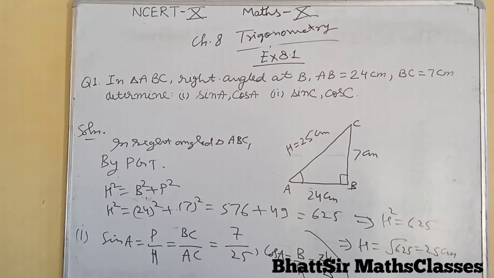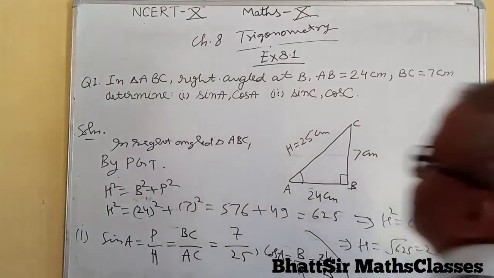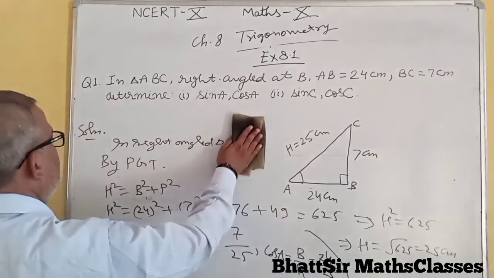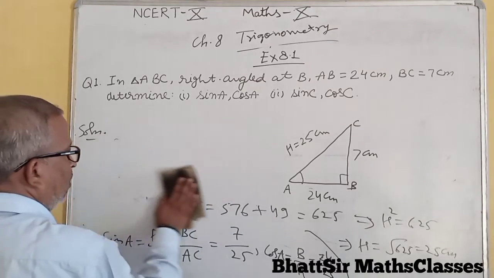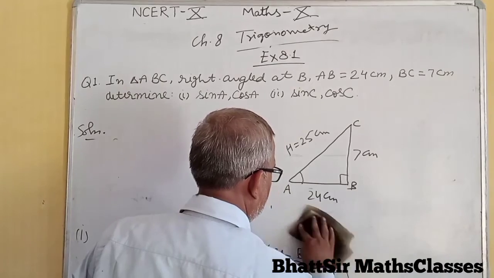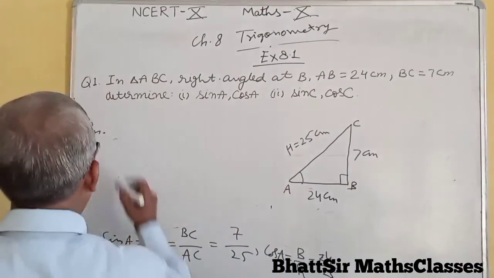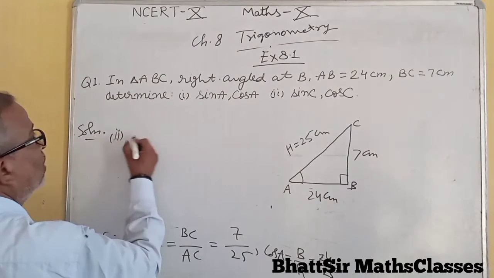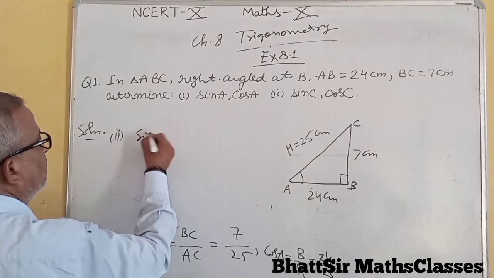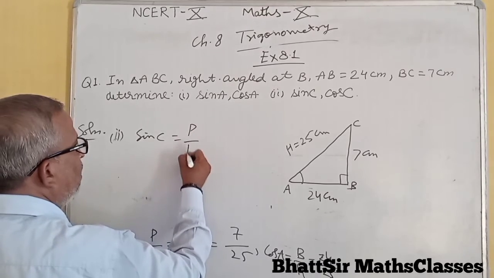Similarly, you can find the second part. Sin C is perpendicular over hypotenuse.